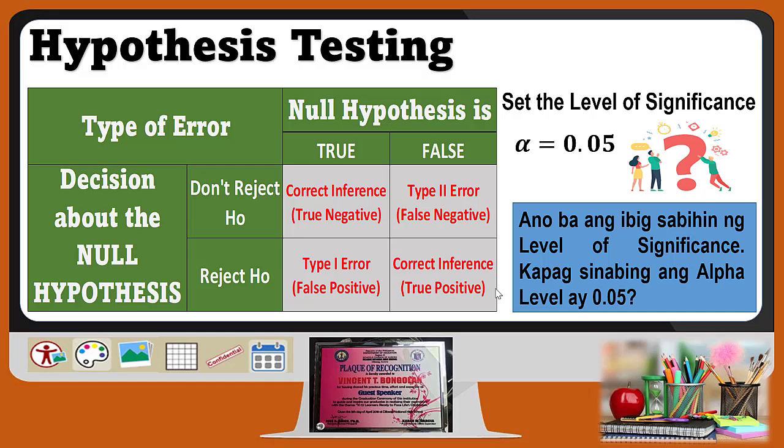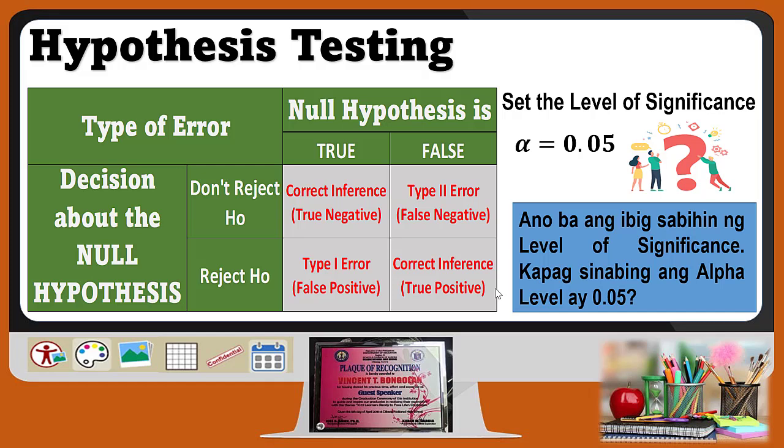So, napakaliit, di ba, ng percentage na mali yung decision ng judge. Kaya nga tinawag na judge ay expert, professional. Ibig sabihin, alam niya yung kanyang ginagawa.